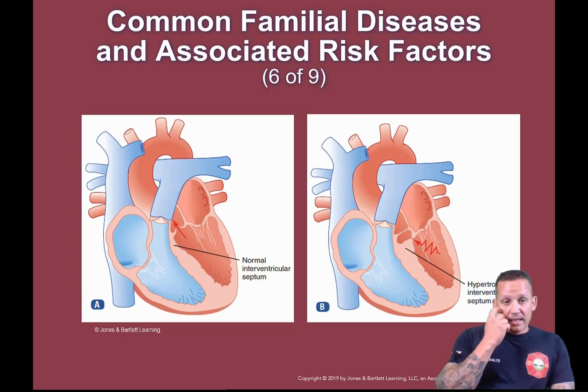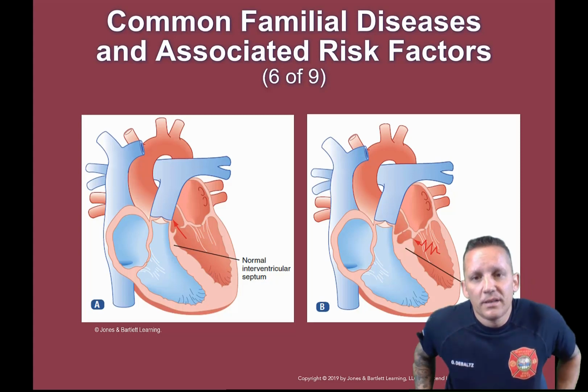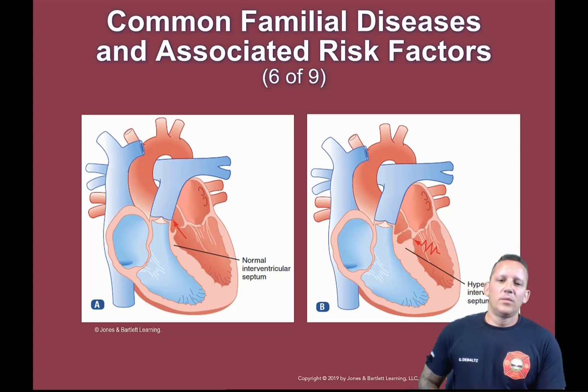So if you're looking at the two pictures here, you can kind of see what we talk about when we're talking about ventricular hypertrophy. And if you remember what I was saying about hypertrophy, that's the enlargement of particular cells, right? On the left, you have a normal interventricular septum.